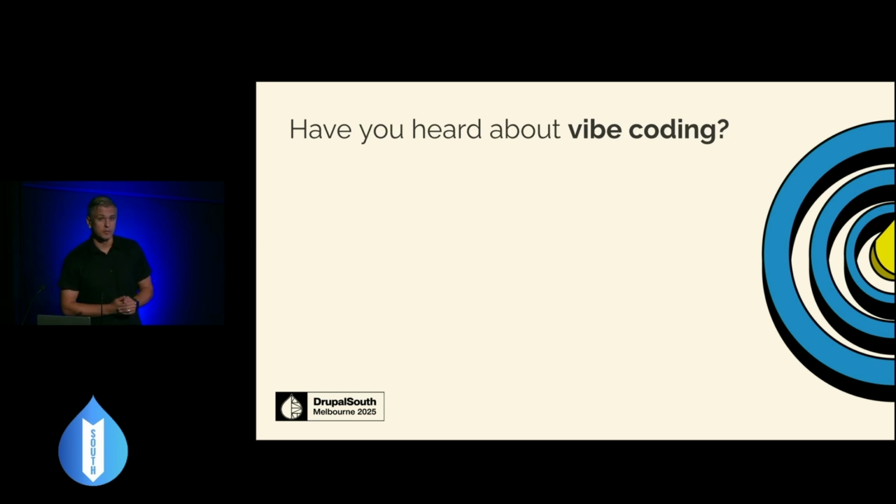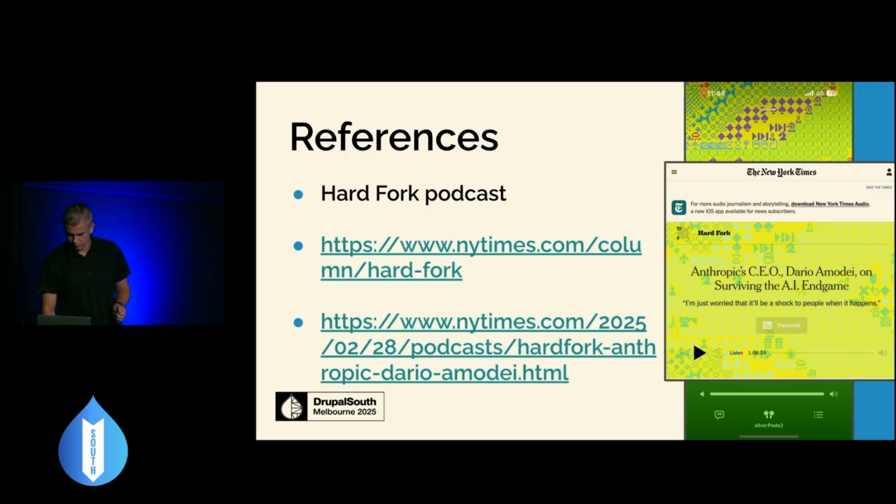So have you heard about vibe coding? Yeah. If you have, here you go. If you haven't, there is a great podcast by the New York Times called Hard Fork. And those two journalists lately talk about vibe coding. They actually give the audience a chance to say vibe coding.